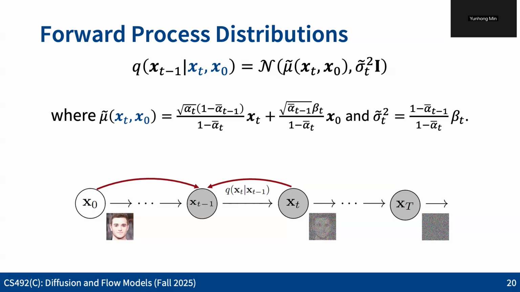In the reverse process, we only have the xt information and sample the xt minus 1 from it. But what if we have both the xt and also the x0? For those cases, where you have the conditions of both of them, we can have a closed form of the distribution, which is another Gaussian distribution. So these are the key three distributions that you need to remember in the fold process.